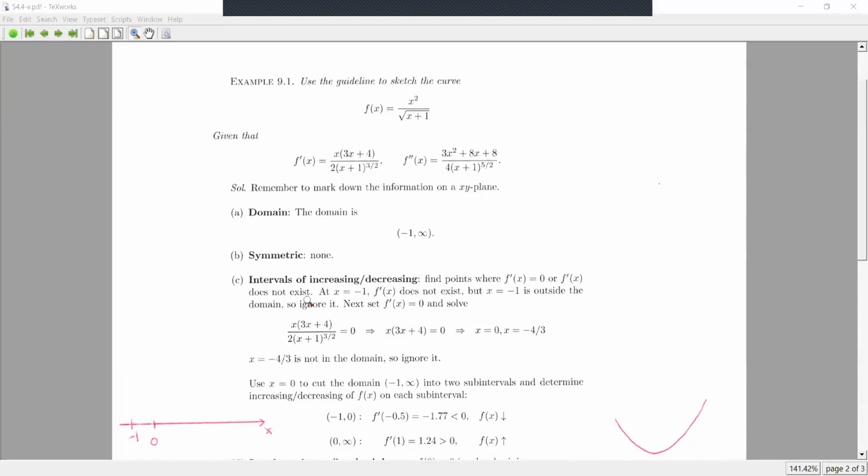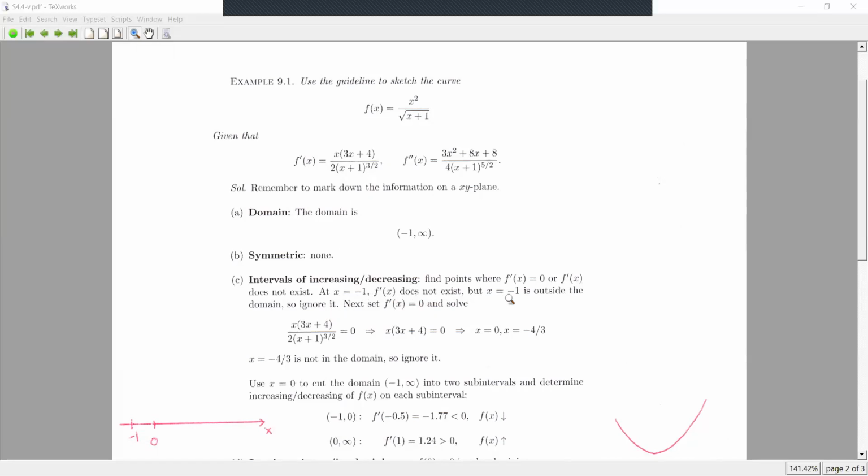Okay, now let me find the points where the derivative doesn't exist first. The derivative is here. Clearly, when x is -1, the denominator is 0. There, the derivative doesn't exist.